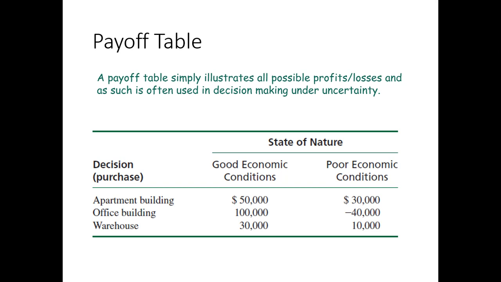Okay, now another important point for quiz and your exam is the values, the parameters in this table are called payoff. So 50,000, 100,000, 30, all of these are payoffs, and that is why it has got the name payoff table. Let's move forward.